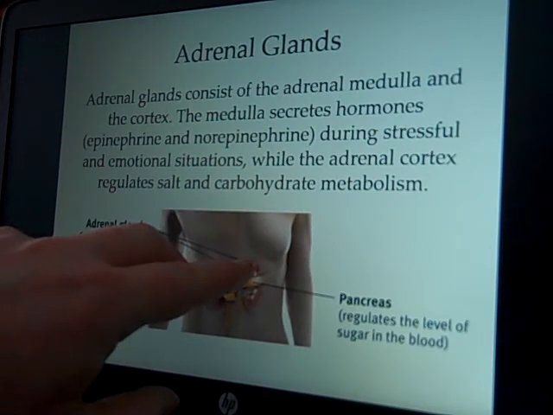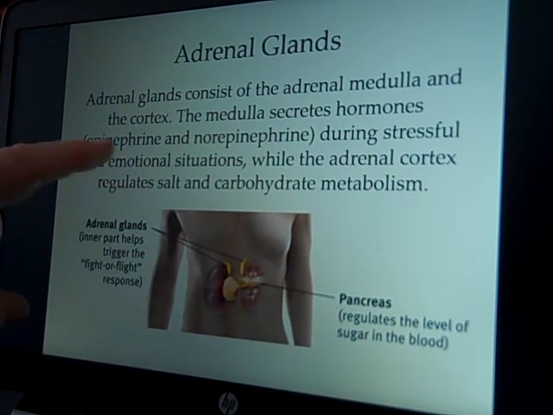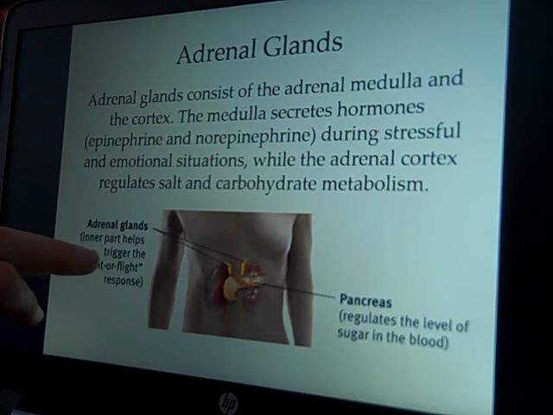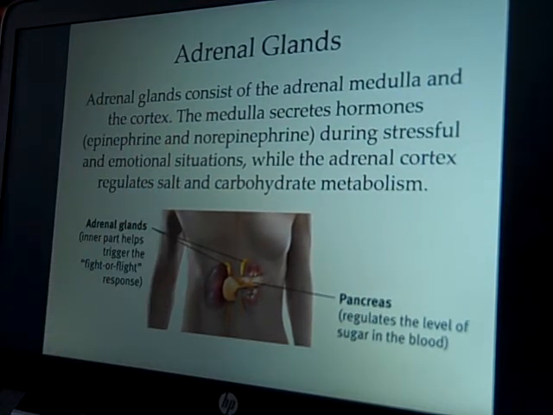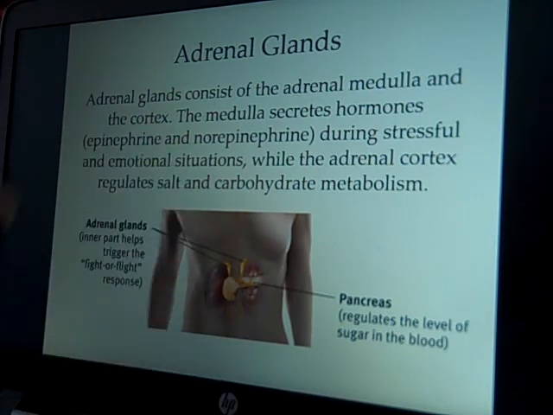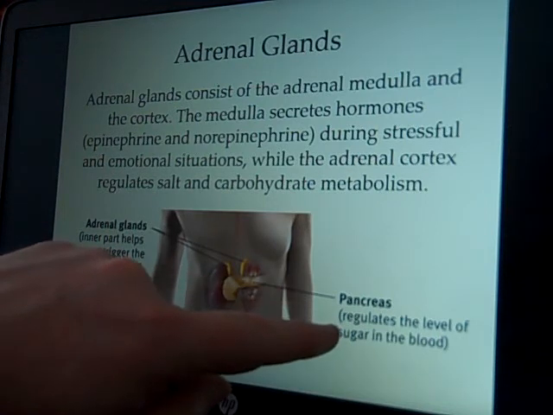Our adrenal glands we talked about earlier, sitting over top of our kidneys, release adrenaline or epinephrine, which is designed to get us out of a sticky situation in an emergency. Our pancreas does a number of things. It makes all kinds of chemicals, many used for digestion, but it also acts as an endocrine gland by releasing insulin.